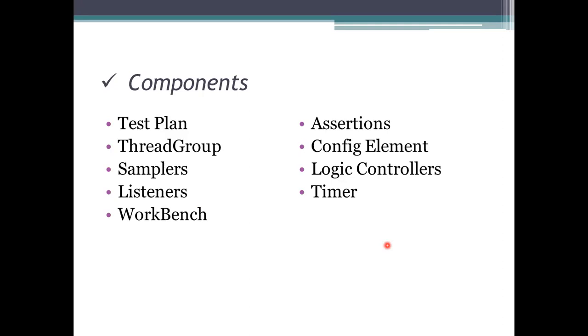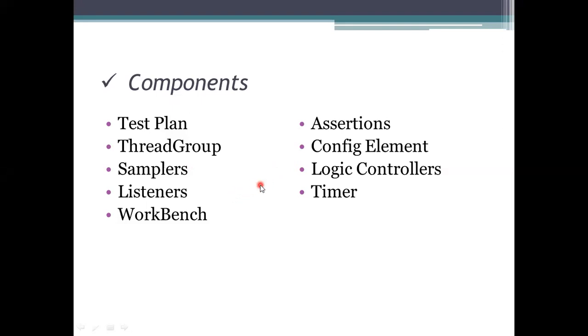When is a test plan complete? It is complete if it consists of one or more elements from this list: logic controllers, thread groups, samplers, listeners, timers, assertions, and configuration elements.